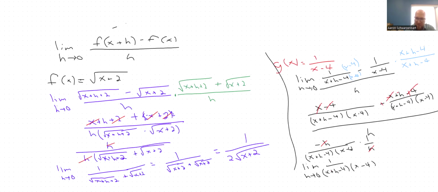I plug in 0 for h and I get 1 over x minus 4 times x minus 4. Oops, I lost a negative. There's a negative there. Negative 1 over x minus 4 squared. And those are kind of two of your hardest definition of derivatives you will need to know how to do.